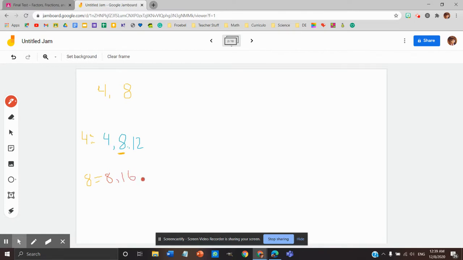But I don't have to keep putting all the multiplication table of 8, because I already found my least common multiple, right? It's going to be the smallest number that the multiplication tables have in common. So my least common multiple in this example is going to be 8.